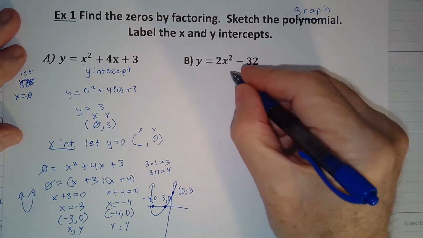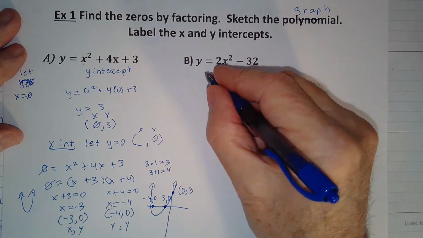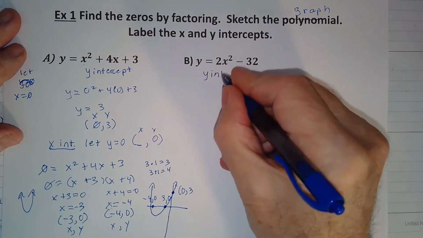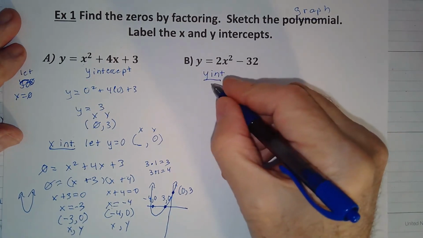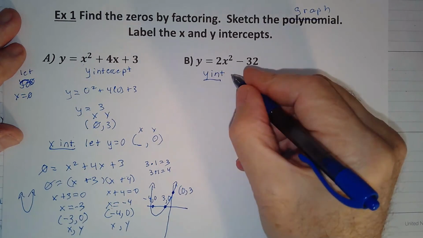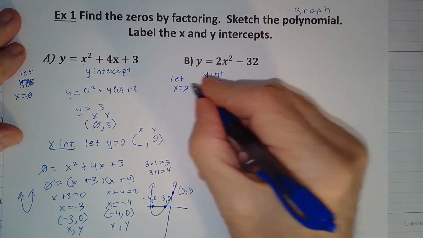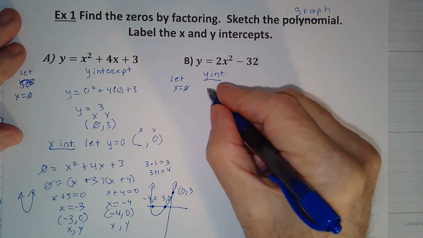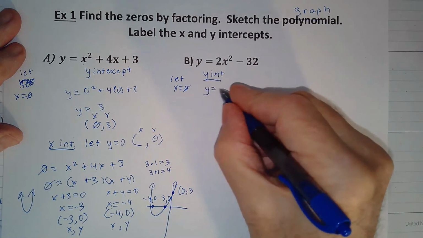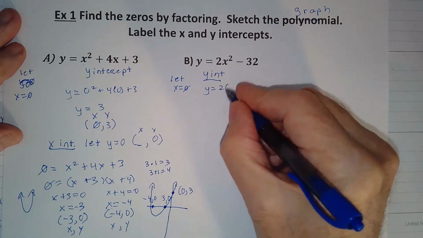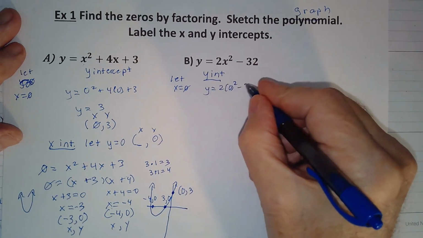So y-intercept first. So that means we'll let x equal 0. And so then that means that y equals 2 times 0 squared minus 32.